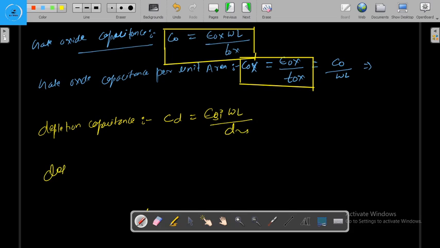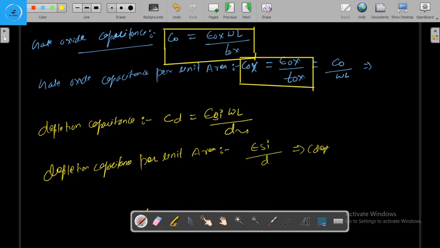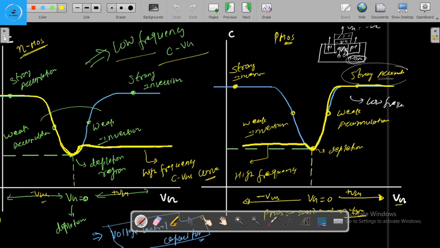Now the depletion capacitance per unit area will be equal to epsilon Si divided by T, and this will be the C dep. So here we have seen the C minimum.